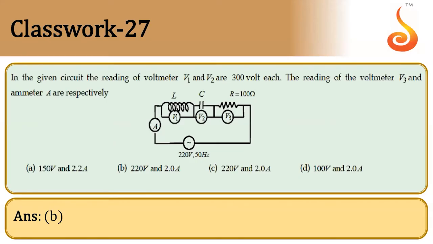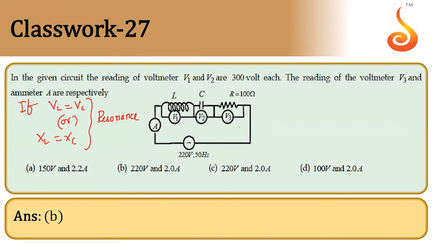See this question, children. In the given circuit, the readings of voltmeters V1 and V2 are 300 volt each. The readings of voltmeter V3 and ammeter A are respectively? If VL is equal to VC, or XL is equal to XC, then the circuit is in resonance. So now the circuit is in resonance.